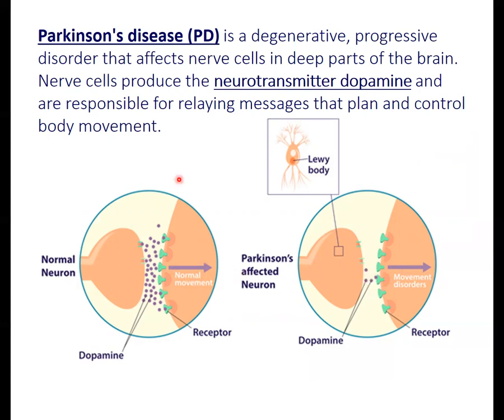With Parkinson's disease, the part of the brain that's affected is responsible for planning and controlling body movement. So one of the side effects is they find it difficult to control the movement of the body as the Parkinson's develops, because it's a degenerative disease. It gets progressively worse.